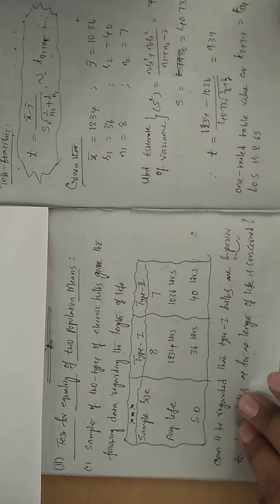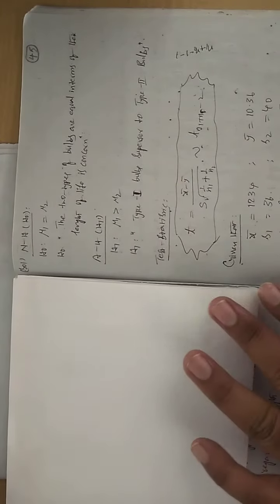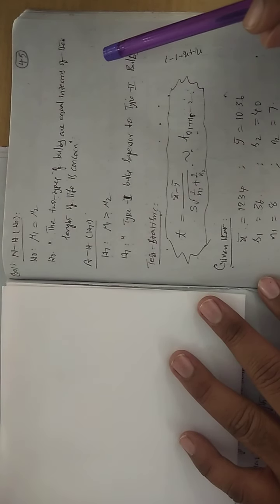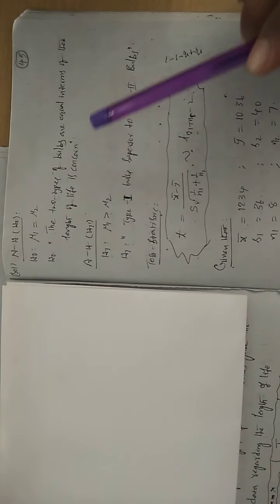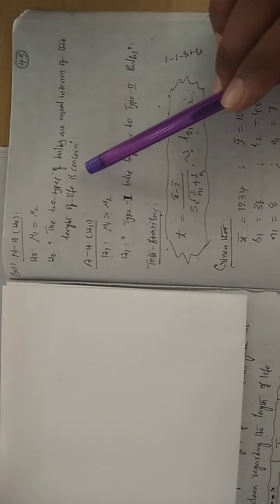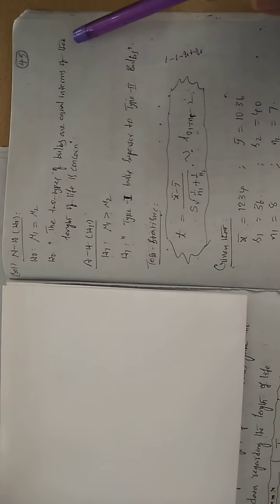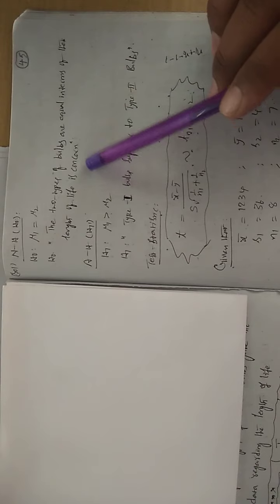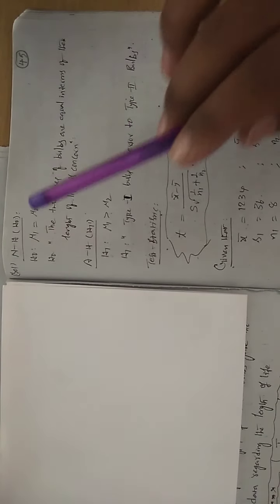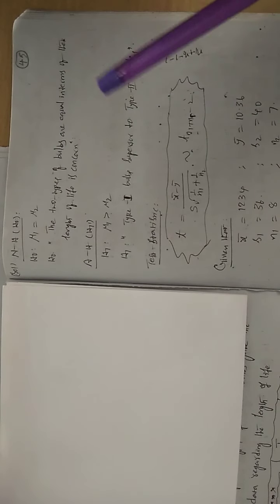Now as usual, what is our null hypothesis? H0: mu1 is equal to mu2. The two types of bulbs are equal as far as the average length of life is concerned. In that way also you can write it, because the given information is of averages only.